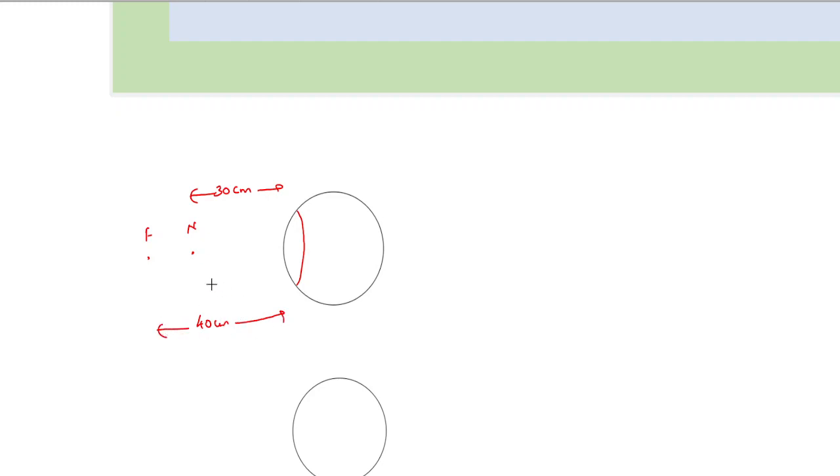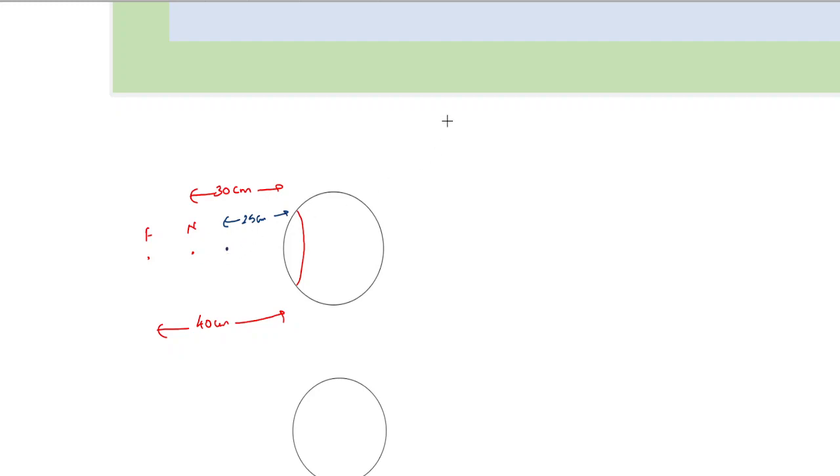But nothing here or here can be seen. The question asks what is the power of the lens required to see nearby objects. We learned that for a normal human eye the near point is at a distance of 25 cm. So the question indirectly asks what lens is required to see an object placed at this point.